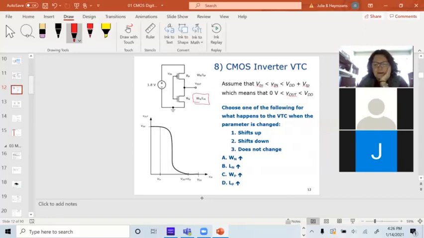Wn over Ln is going to affect V out low. If I make Wn over Ln larger, this half of the voltage transfer curve is going to get closer to 0, which is a good thing.